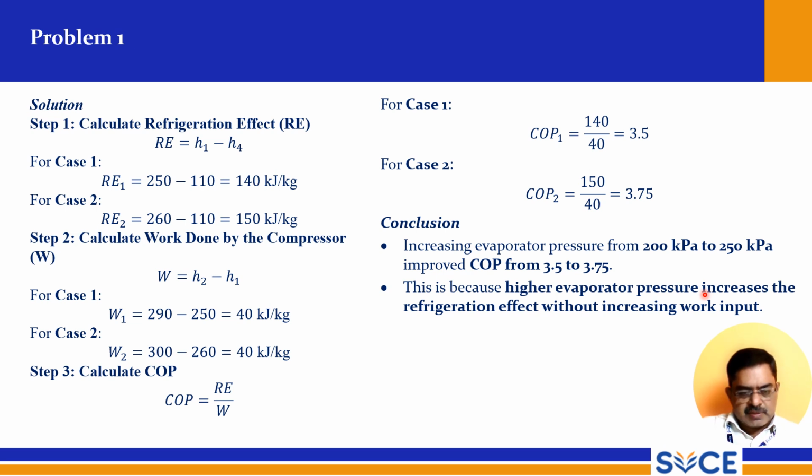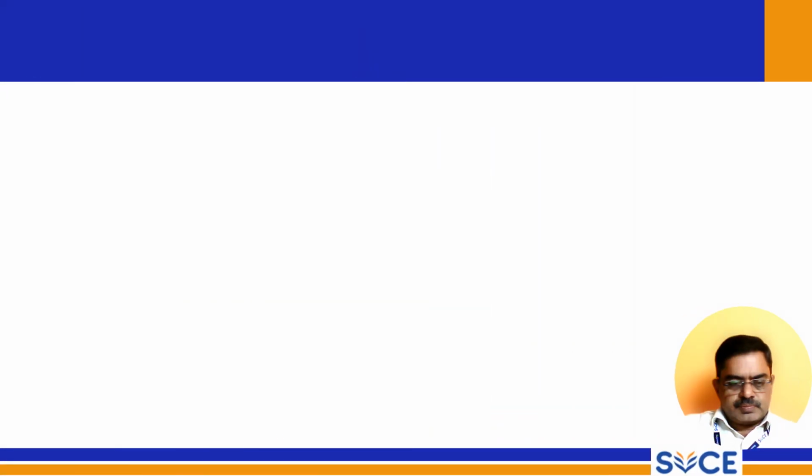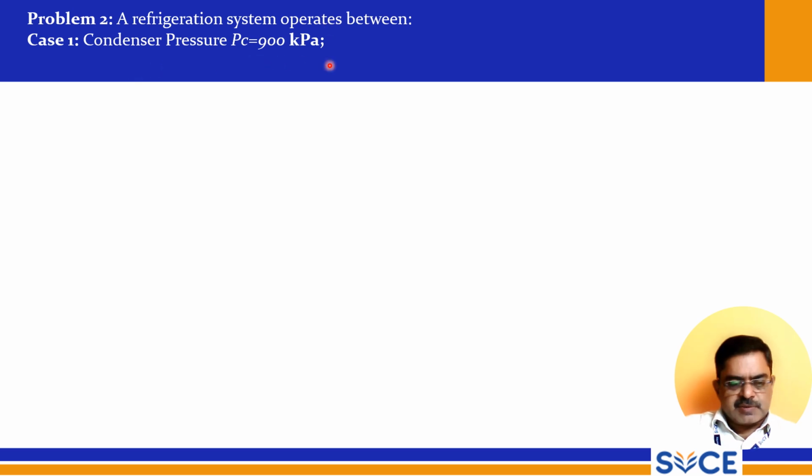We will see another problem. Problem 2: the refrigeration system operates between condenser pressure PC of 900 kPa and condenser pressure PC of 1100 kPa. In the earlier case we saw the evaporator pressure effect.